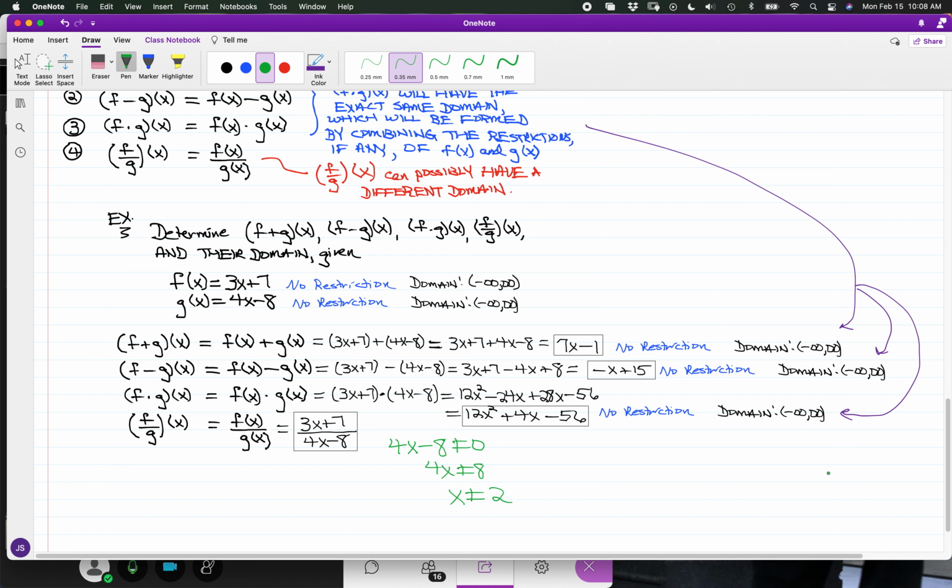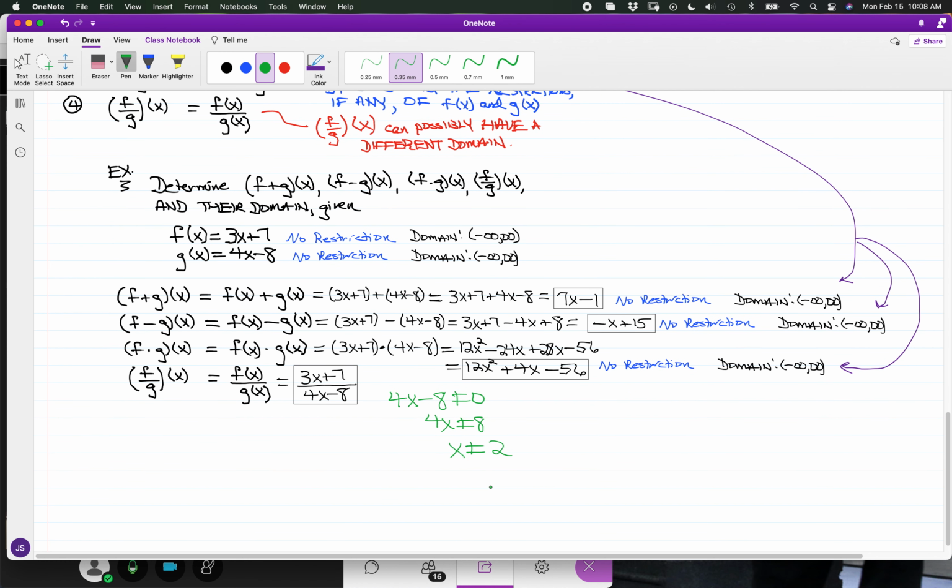And so again, 2 is going to be excluded, and it will follow that for the domain of the quotient, we are symbolizing the exclusion of 2. Think of it like an open circle on 2, a ray going to the left and also a ray going to the right, and that hole is still locked in at 2.